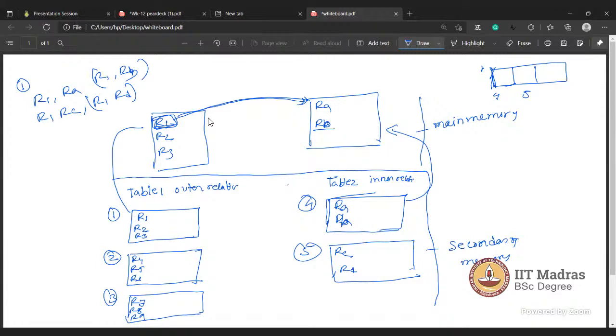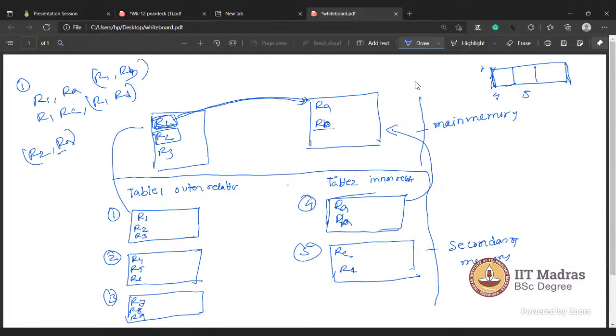Yes, sir. Okay, and then for R2, 1 seek is required. For R2, we have already gone to the R5 position, so for R2 we have to again move to this position in the array.